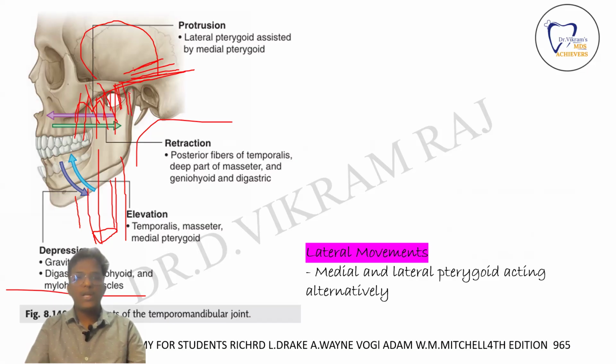And protrusion. See, protrusion means the muscle has to be present in front of the joint. What are the muscles that are present in front of the joint? That is the lateral pterygoid. I will choose a different color.